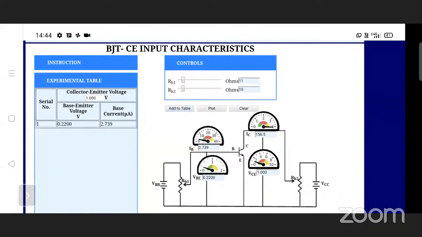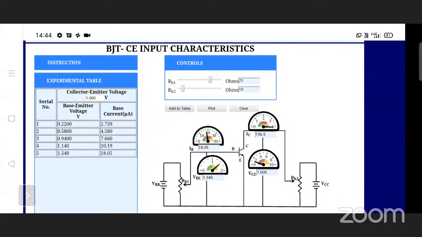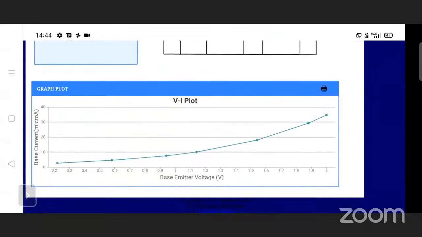Add to table. So this type we can see. Here is the graph of this input characteristics.